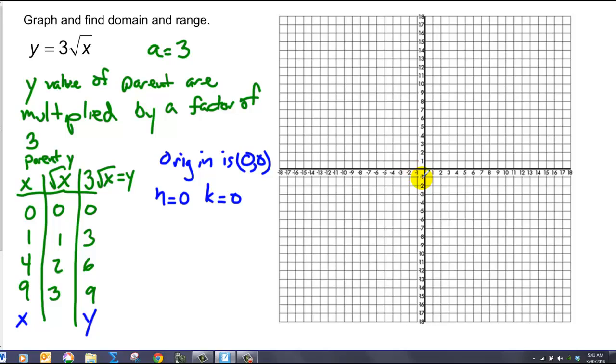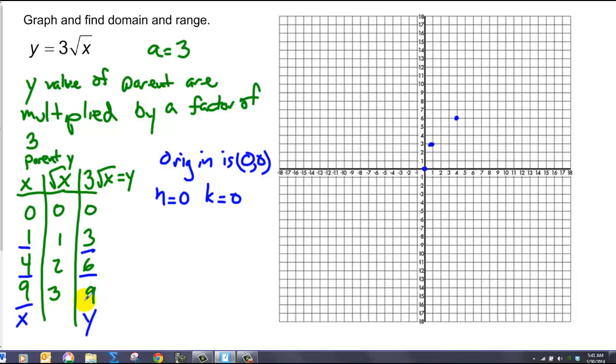So I can start graphing this from the point 0, 0. I then go over 1 and up 3. I go over 4 and up 6.